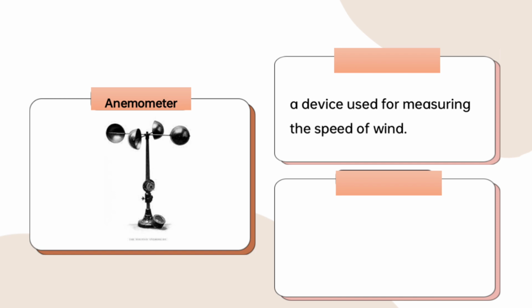It is the instrument that measures wind speed and wind pressure, and it is also a very important tool for meteorologists because it is used to study weather patterns. It is also important to the work of physicists who study the way air moves.